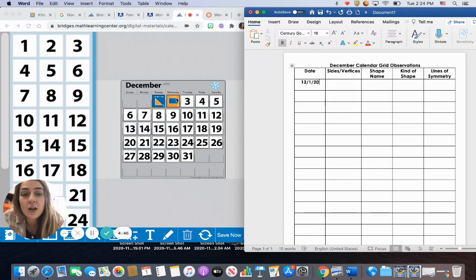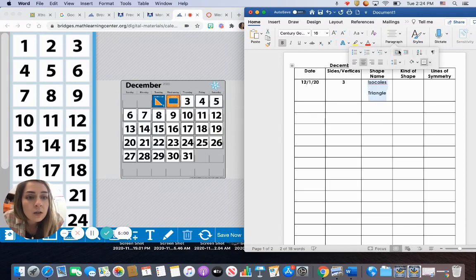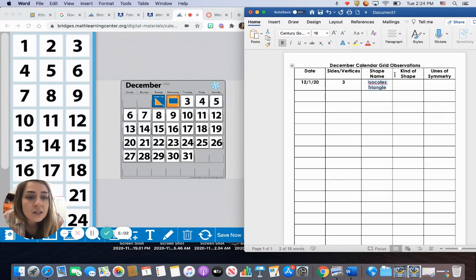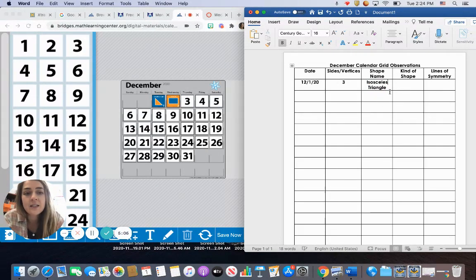I see that the triangle has 3 sides and vertices, and the shape name is an isosceles triangle. And then remember, we're just going to leave this blank. So on December 1st, we had a 3-sided shape called an isosceles triangle.